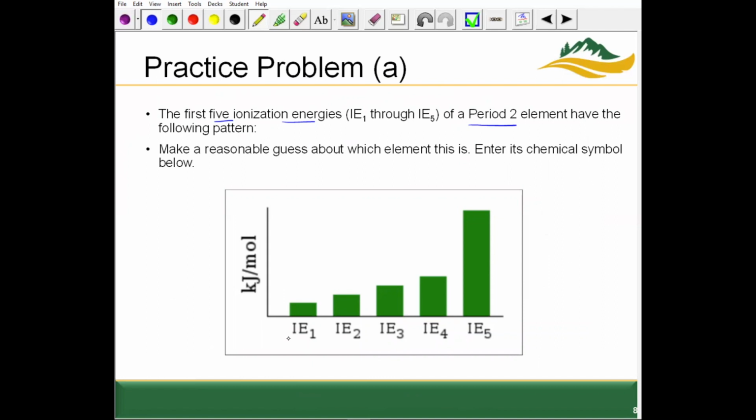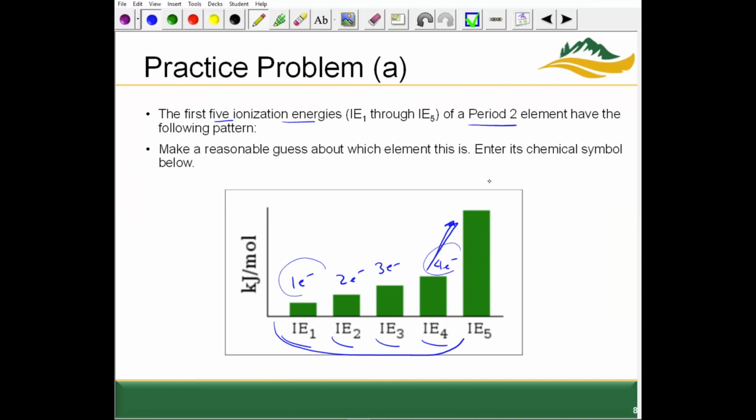We need to look at this pattern of ionization energies where we see this huge jump after we've removed the first electron, the second electron, third electron, and fourth electron. So this follows a fairly predictable pattern of increasing ionization energy from the first, second, third, fourth electron.